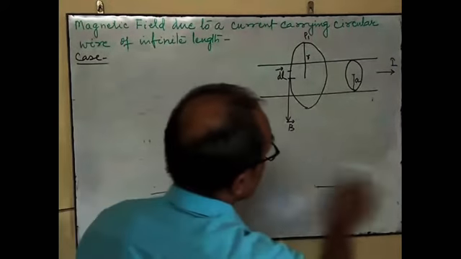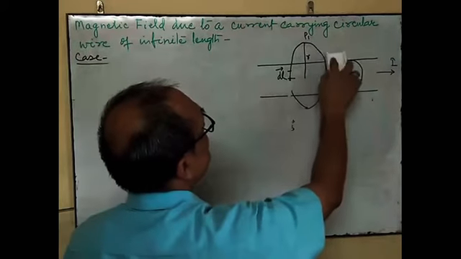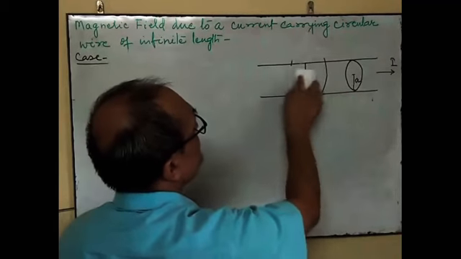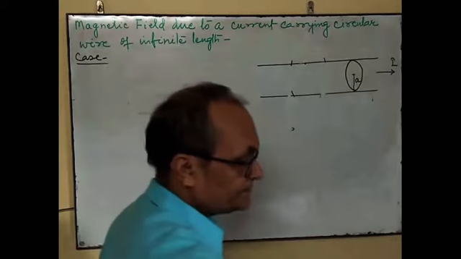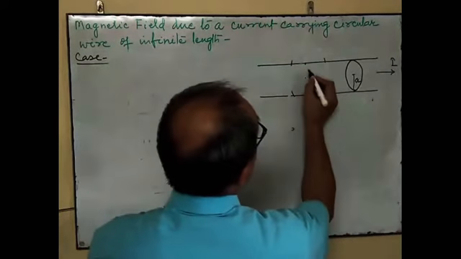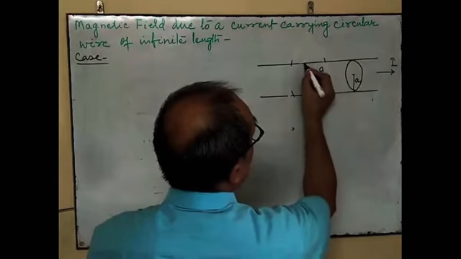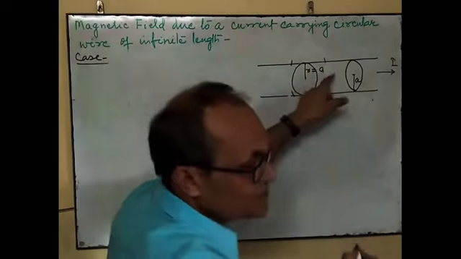In the next case we will consider that the point is not outside but on the surface of the wire. It is at a distance r equals a. So the Amperian loop radius r will be equal to a.